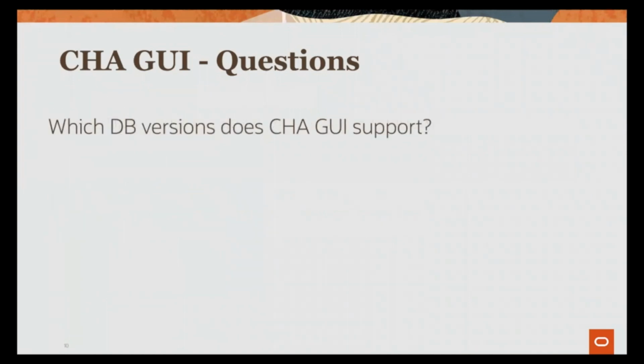So what database versions does CHA and the GUI support? I think 12.2 is the first version we are supporting with CHA GUI. By default, the versions ORAchk enables, all the versions that CHA actually supports.